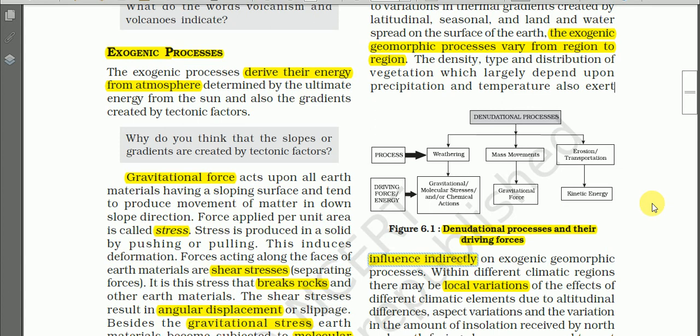Vegetation type is largely dependent on the temperature condition and the amount of rainfall, and these in turn influence the exogenic geomorphic processes.